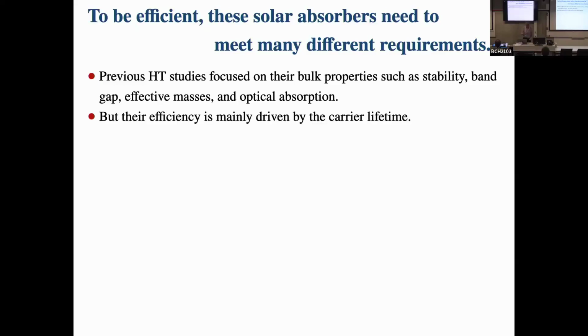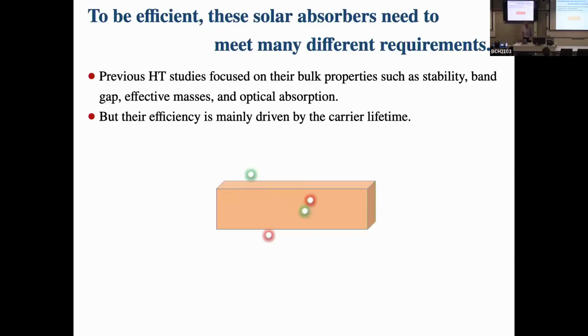But in fact, when you look at a solar absorber, its efficiency is mainly driven by the carrier lifetime. So you can have a good effective mass and a good band gap, but if your carriers recombine, that's a problem. Typically, when you create an electron-hole pair, you want to separate them and collect them at the different contacts of the photovoltaic cell.